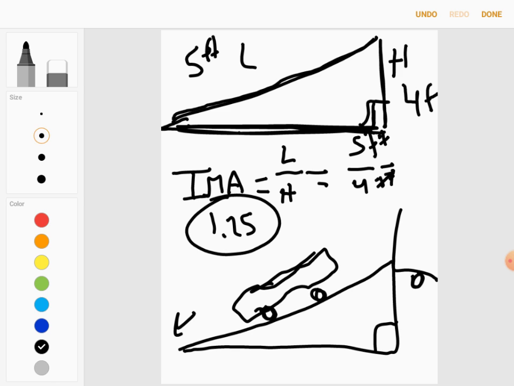Let's say in the cart there is 127 pounds worth of materials. And since it's going down it, there is a force of 20 pounds that is used to push that cart. What is the AMA?